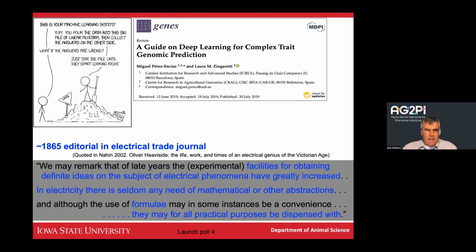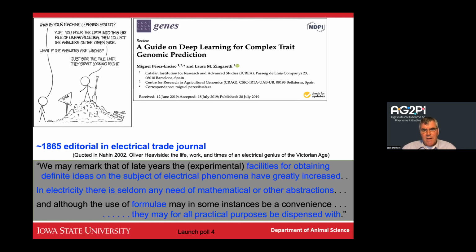Somebody remarked that of late years, the experimental facilities for obtaining definite ideas on the subject of electrical phenomena have greatly increased, and that in electricity there's seldom a need of any mathematical or other abstraction.